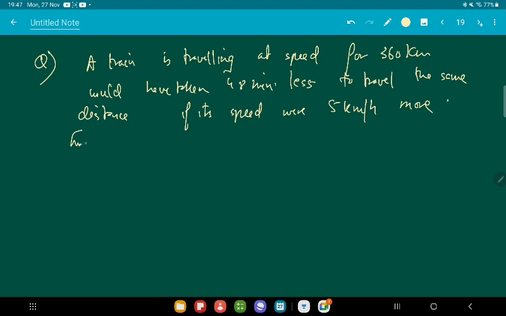They're saying find the original speed of the train. That is the question.